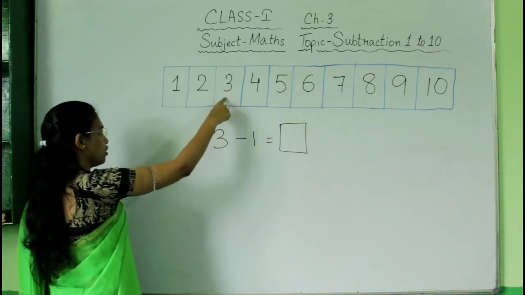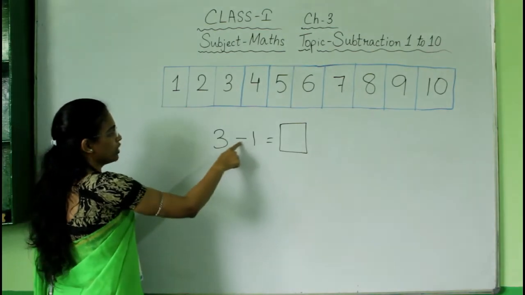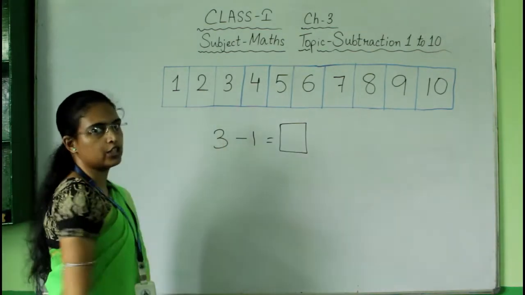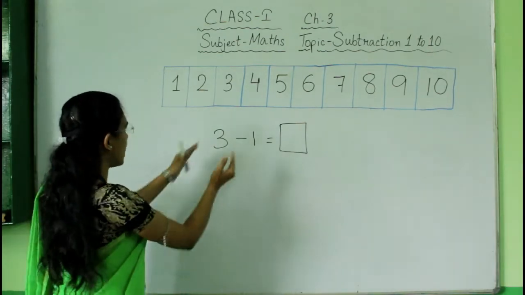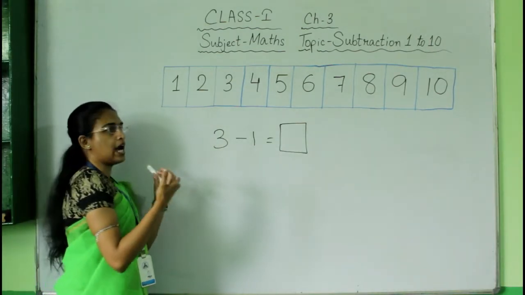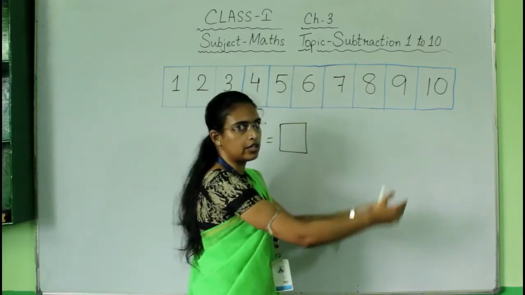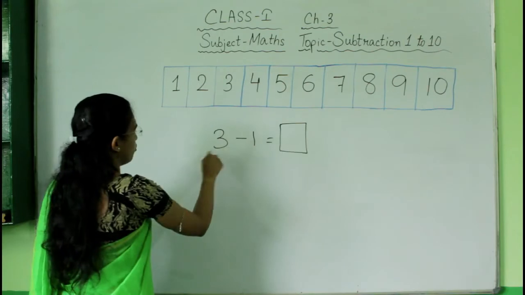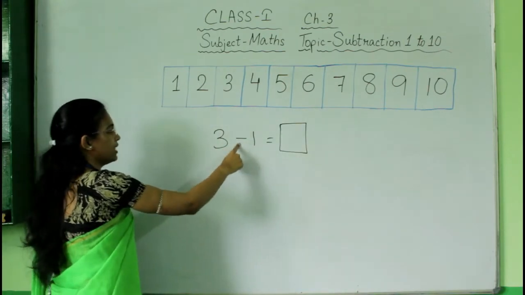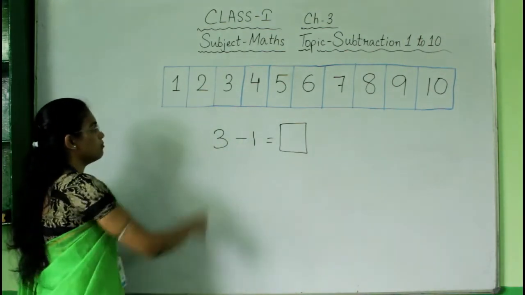No, we have to go backward because we have to do subtraction. When we do subtraction, we go backward, and when we do addition, we go forward. Okay? So now we are doing subtraction.